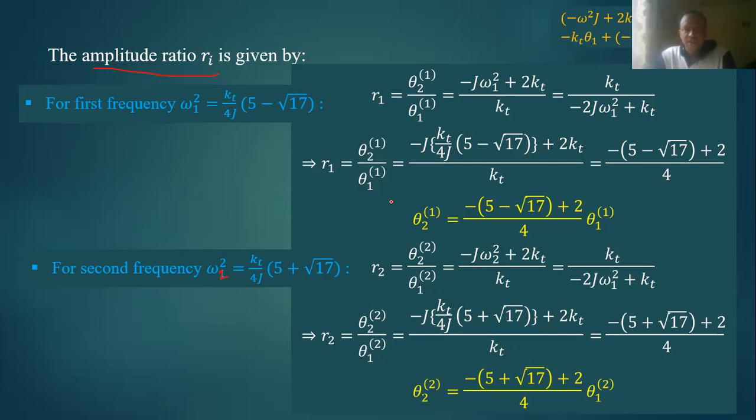That gives us the relation between θ2 and θ1 in the first mode. Here also, substituting omega 2 into this equation, finally we get R2 is equal to minus of 5 plus radical 17 plus 2 over 4.